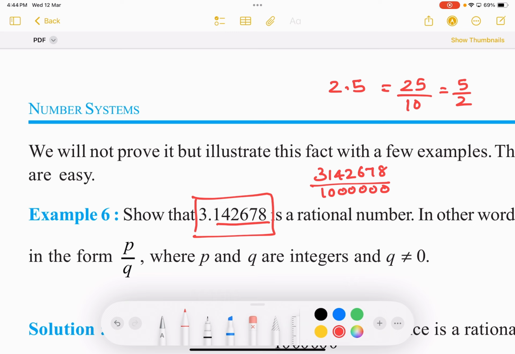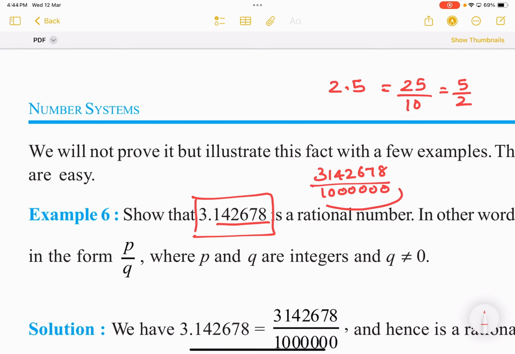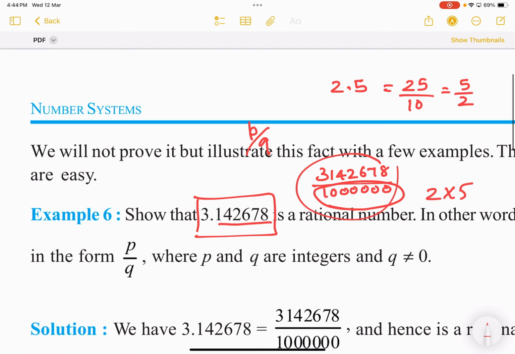An important message you will get from this. Take the denominator in the P by Q form and factorize it into prime factors. After prime factoring, if you get only 2 and 5 in the denominator, then the P by Q will have a terminating decimal expansion. Suppose it is 3 by 10, easily it is 0.3, terminated.